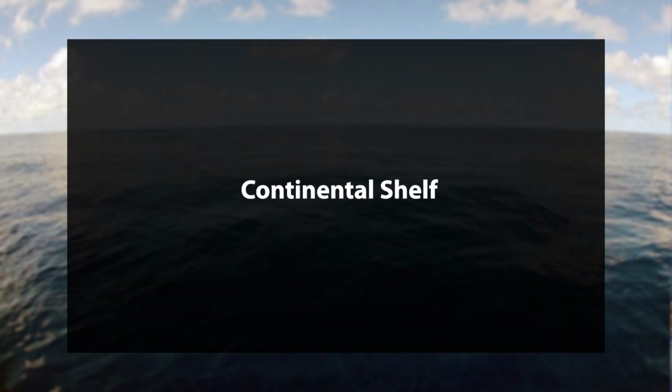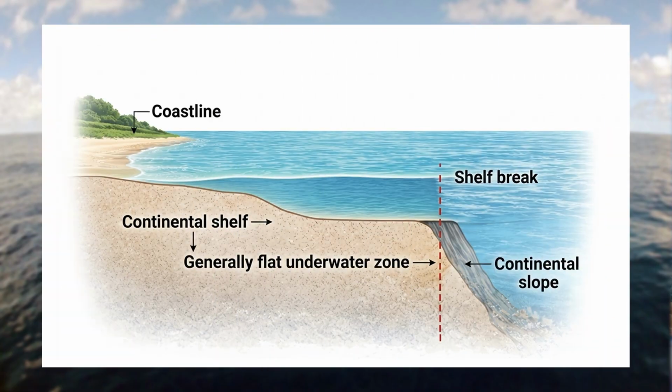Now, first we will discuss the continental shelf. The continental shelf is defined as a generally flat zone extending from the shore beneath the ocean surface to the point at which a marked increase in slope angles occurs, called the shelf break.